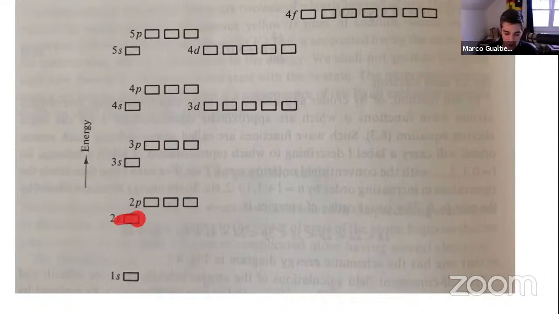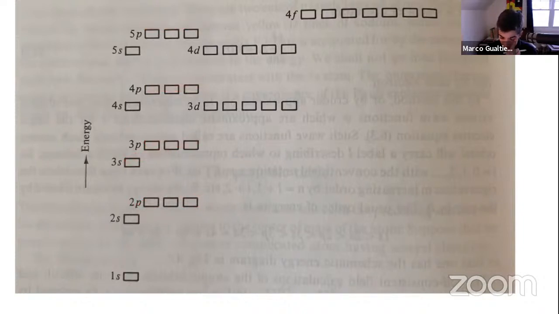Remember that 2s and 2p were supposed to be degenerate, exactly at the same energy. But it turns out that 2p has a slightly higher energy due to the spin orbit coupling, and you can make higher and higher corrections. But the point is that experimentally, the p is slightly higher. That holds for all the p's.